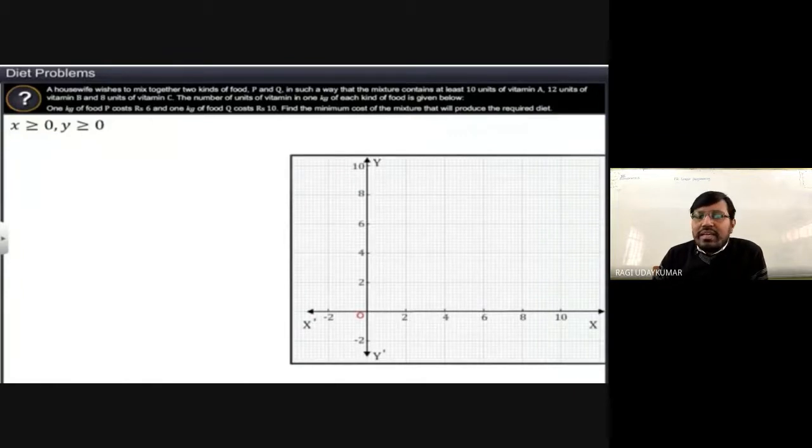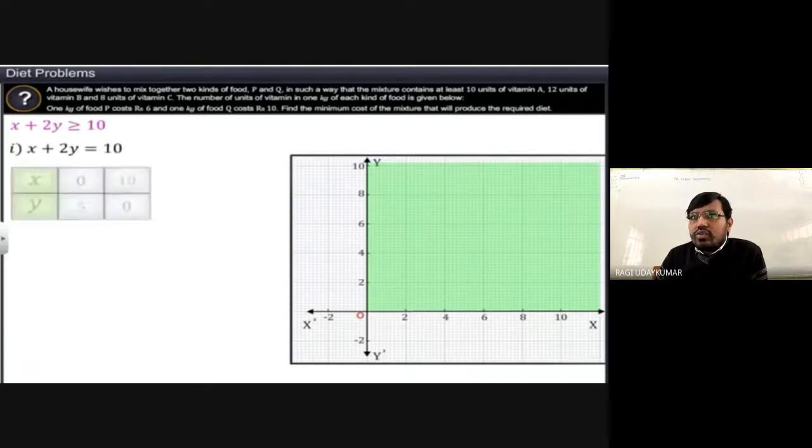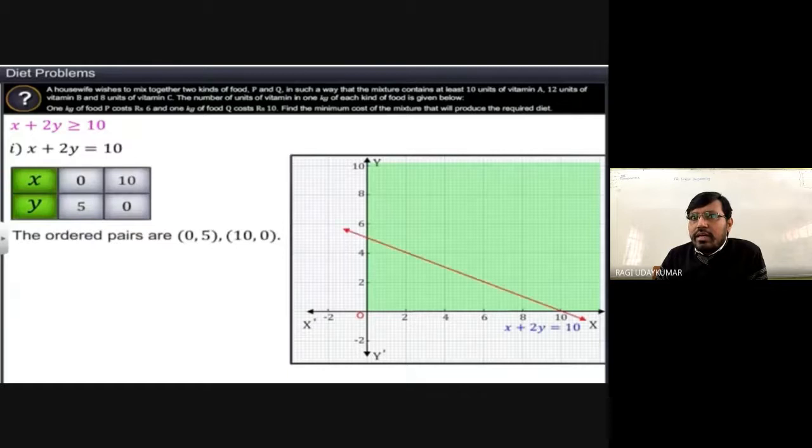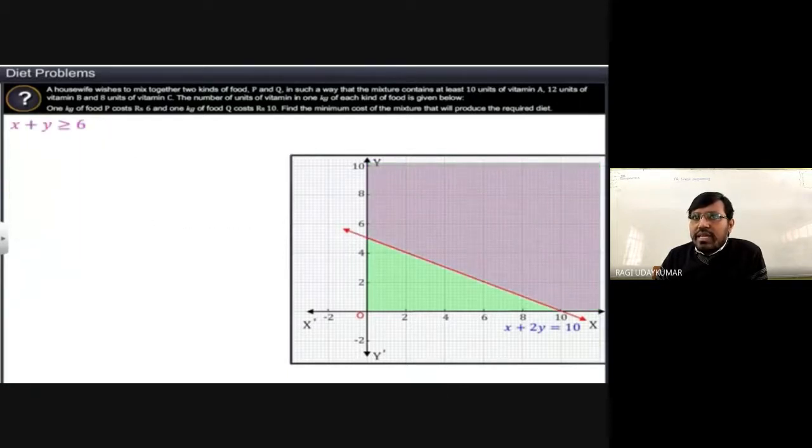x greater than 0, y greater than 0 obviously represents the first quadrant. This is the first quadrant. Okay, for x plus 2y greater than 10, draw the line x plus 2y equals 10 by marking the ordered pairs 0, 5 and 10, 0, which satisfy it.